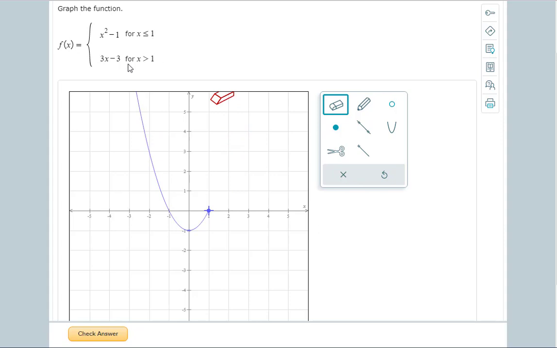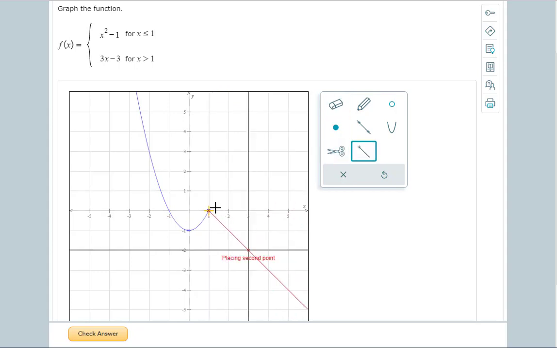Now, this is a line, but where does it start? Well, it starts at 1. And what is 3 times 1 minus 3? It's 0. So I need a line that will start right there. Now, it's going up, so it can't go down like this. Where is another point? Well, let's see. What if I plugged in 2?